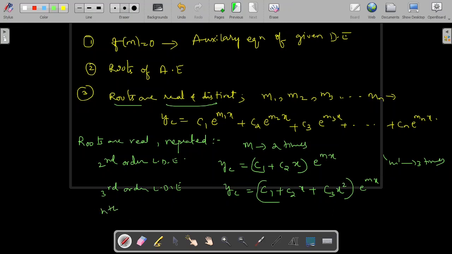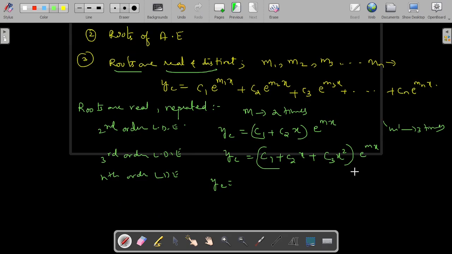For an nth order linear differential equation, if root m is repeated n times, then it is (c1 plus c2x plus c3x square plus so on up to cn x power n minus 1) into e to the power mx. This is how to write the complementary function.